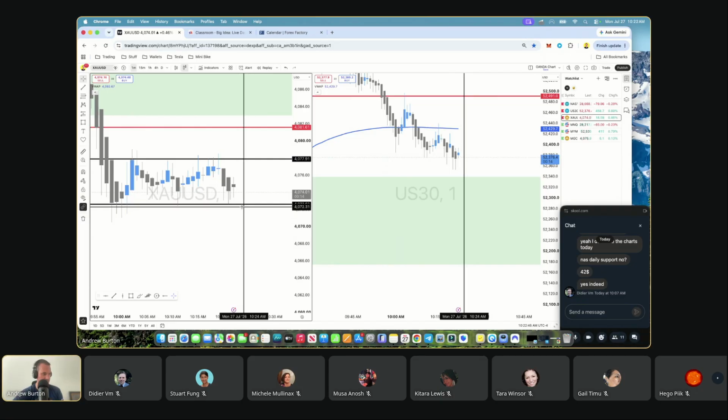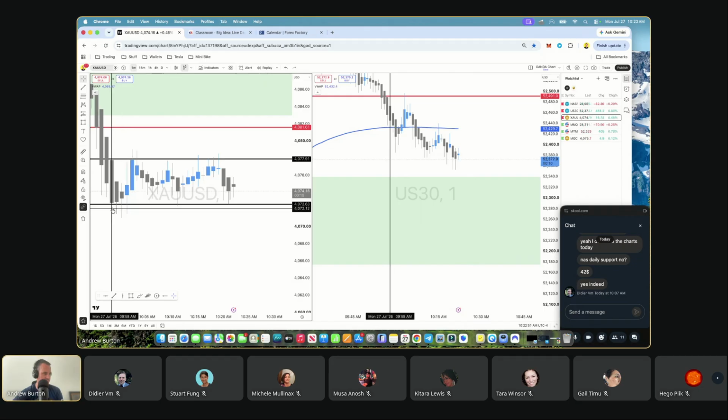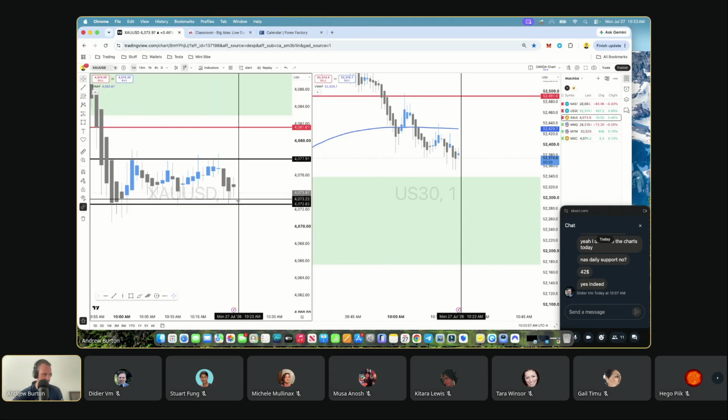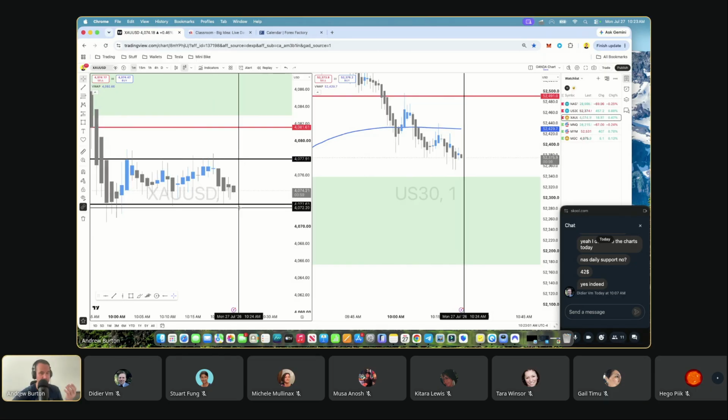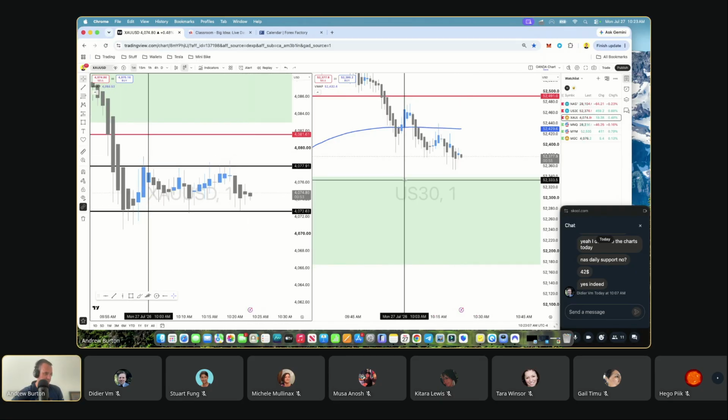Or a body open below the range, which is, I'd say, safer, right? Because if you play the wick, you're playing like, oh, this could be a liquidity sweep, right? If you play the break and a body open, then it's more of a confirmation that it's actually going to go in the direction that you're trying to trade, right? So that guy's sideways.